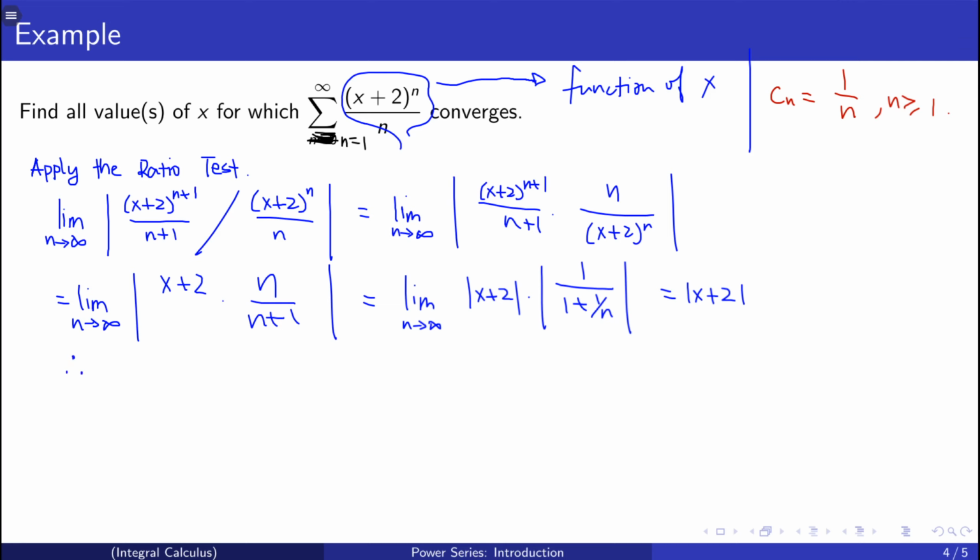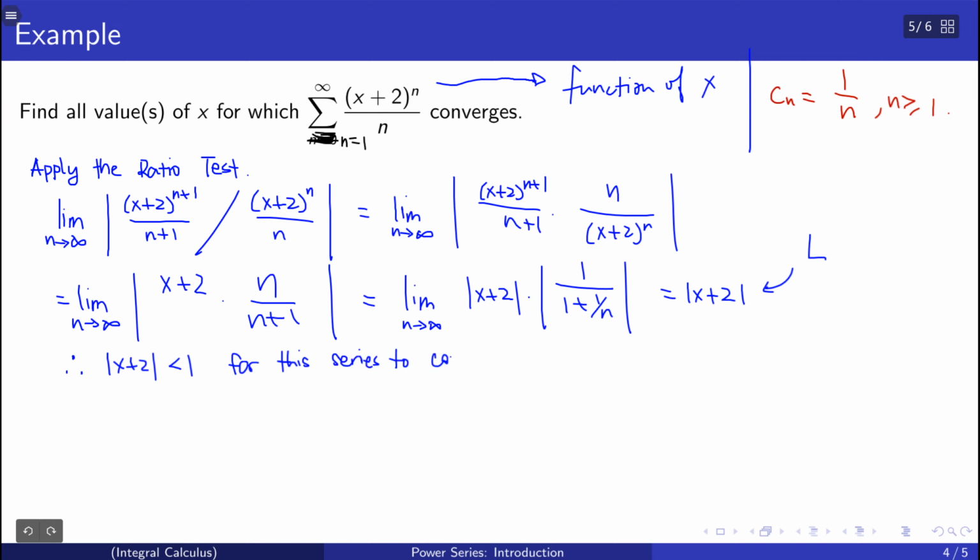Therefore, by the ratio test, what does x have to be for this series to converge? Well, this limit has to be less than 1, whatever we get from the ratio test. And what does this mean?